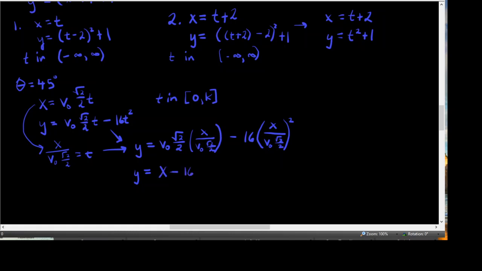And then distributing that squaring, that 16 is going to be multiplied by x squared over the denominator squared. I'm going to distribute the squaring in the denominator as well, so that'll be v sub naught squared times square root of 2 over 2 squared, which will be 2 over 4.